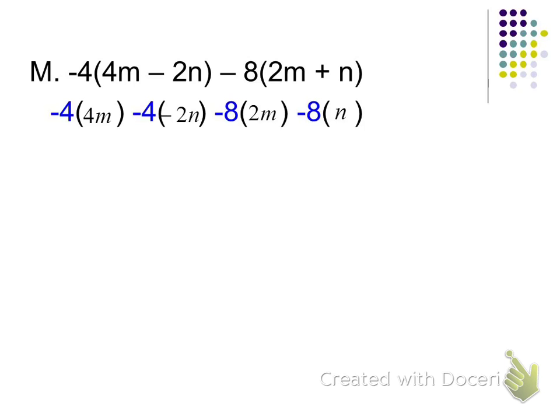Clean things up. -4 times 4m is going to be -16m. And then 2 negatives is going to give us a plus 8n. And then negative times a positive is going to give us a minus 16m. And then back in the back, 1 negative gives us a minus 8n.